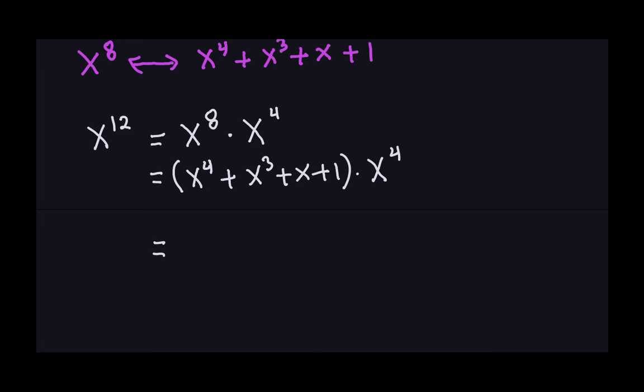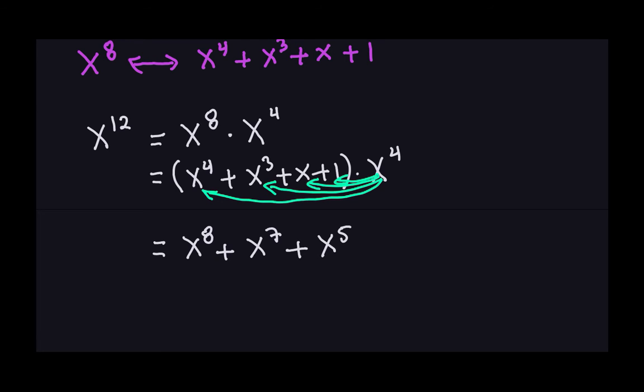So x to the 4 times x to the 4 gives me x to the 8th power, plus x to the 4 times x cubed gives me x to the 7th power, plus x to the 4th multiplied by x gives me x to the 5th power, and x to the 4 times 1 gives me x to the 4th power.